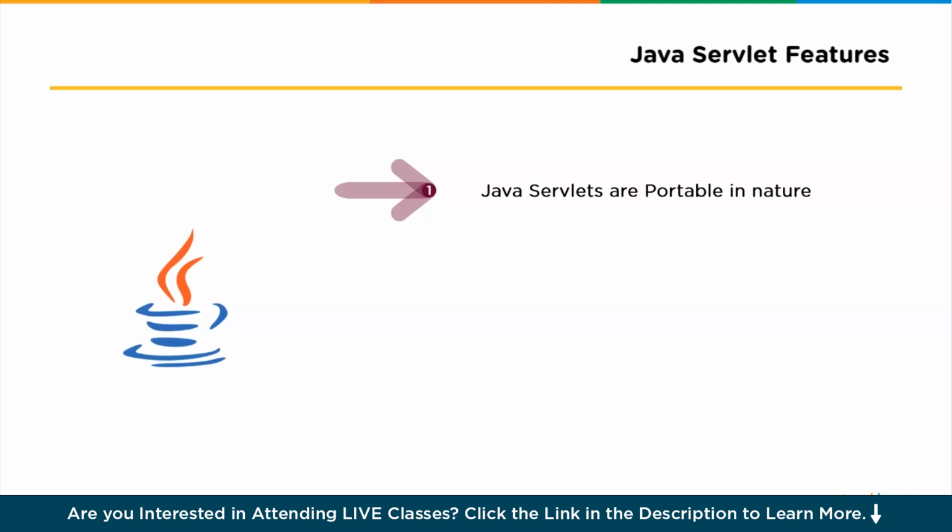Since Java is a platform-independent programming language, the same holds true for servlets. For example, you can create a servlet on the Windows operating system that uses GlassFish as a web server and then later run it on any operating system like Unix, Linux, and Apache Tomcat web server. This feature makes servlets portable, and this is the main advantage of servlets over CGI.